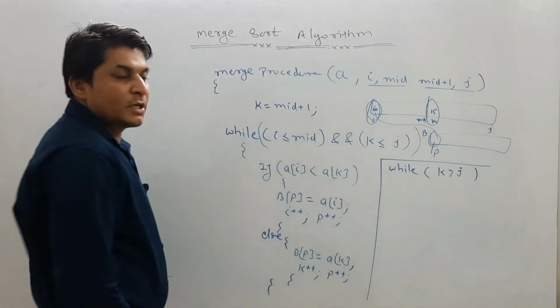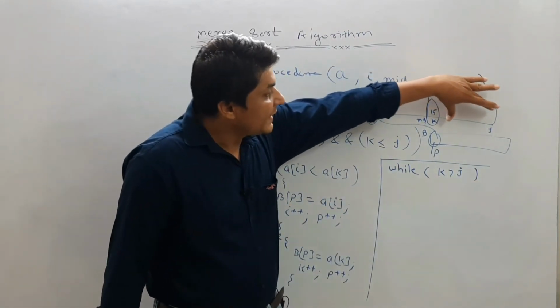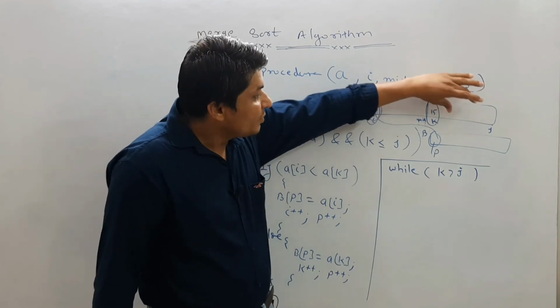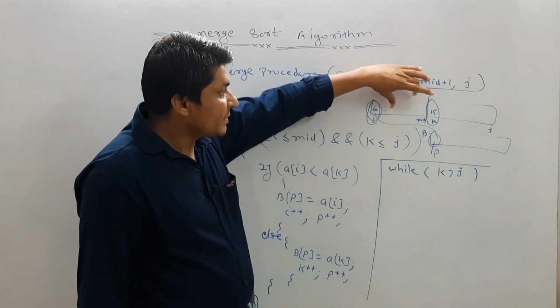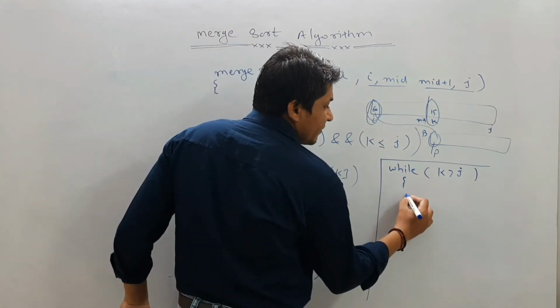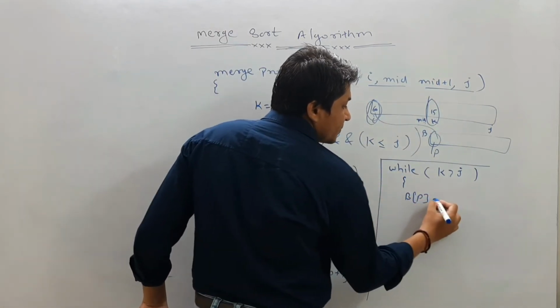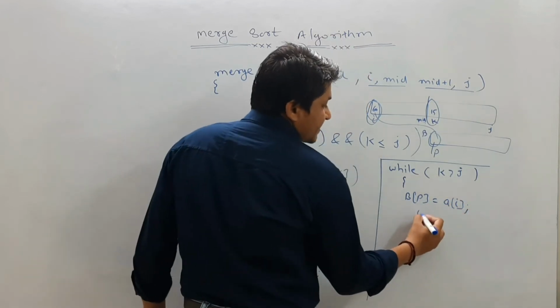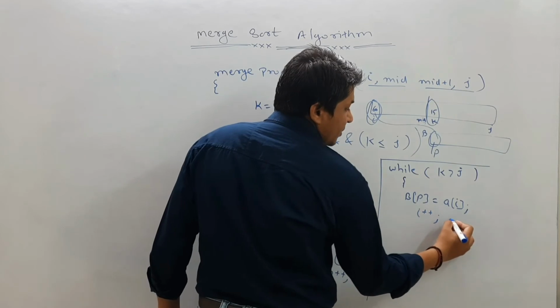What is the meaning of this? It means we have already copied all the contents from this sorted subarray. If some contents are remaining from this array, you can simply copy them. So b of p equals a of I, and I plus plus, p plus plus.